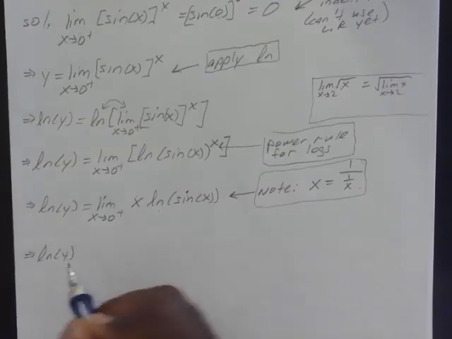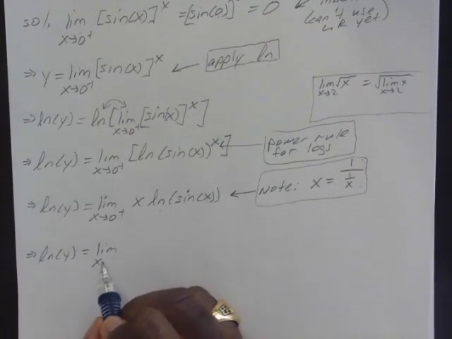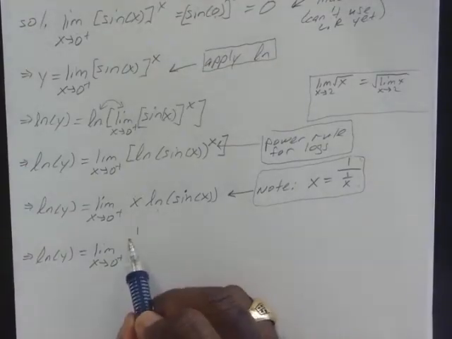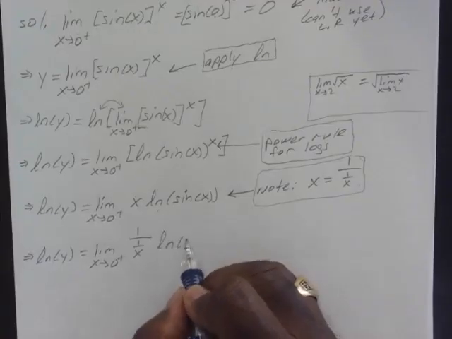So we have the natural log of y is equal to the limit as x approaches 0 from the right of 1 divided by 1 over x times the natural log of sine of x.